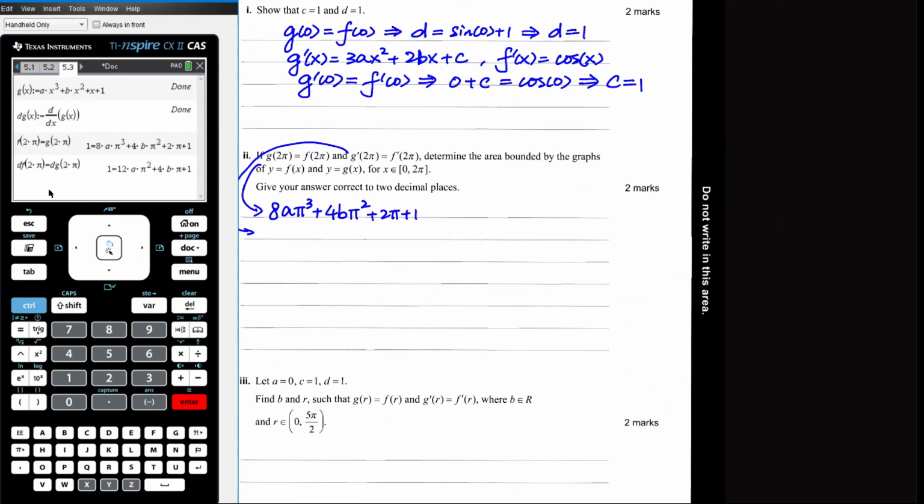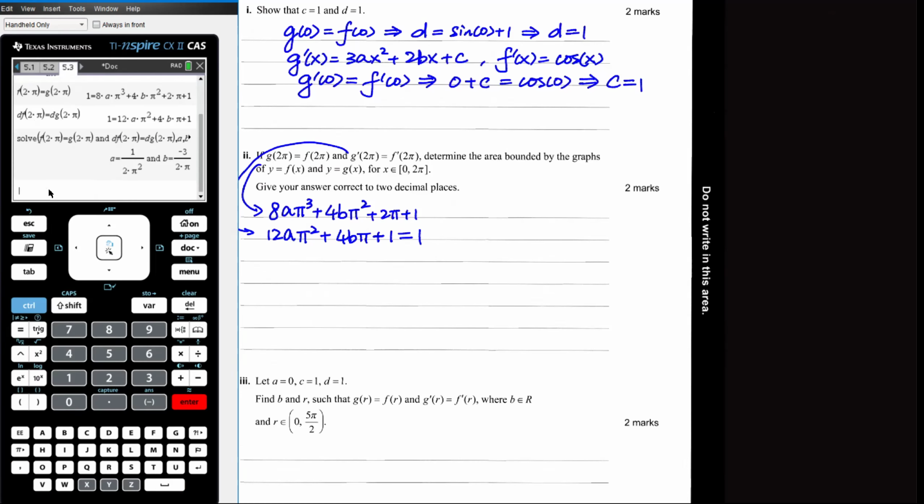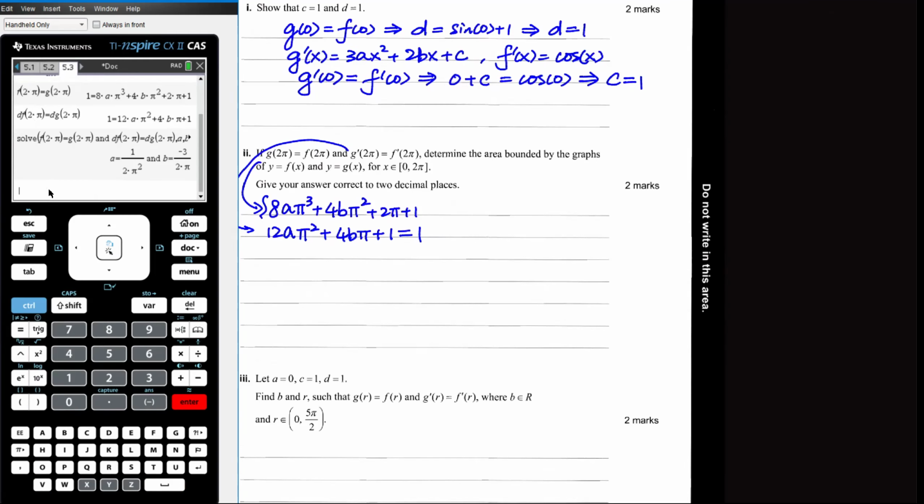From here, you get 12a pi squared plus 4b pi plus 1 equals 1. Then you can just solve for a, b. You get a equals 1 over 2 pi squared. b equals minus 3 over 2 pi, I suppose.